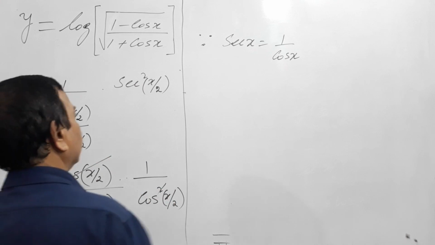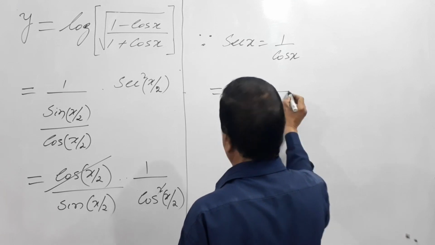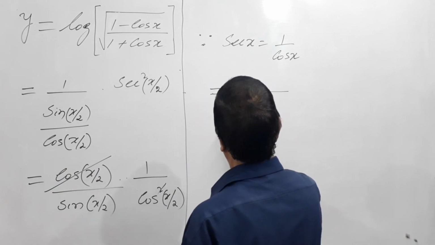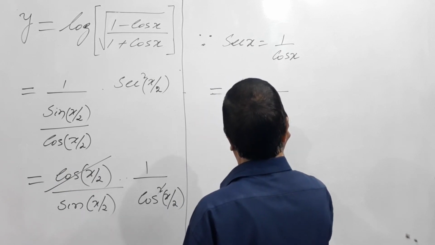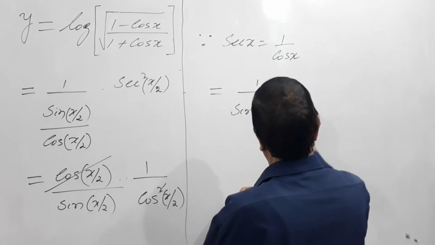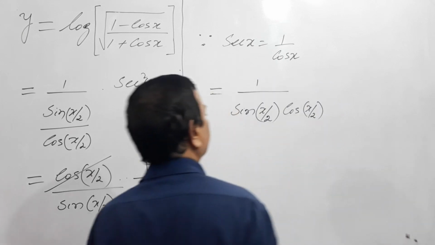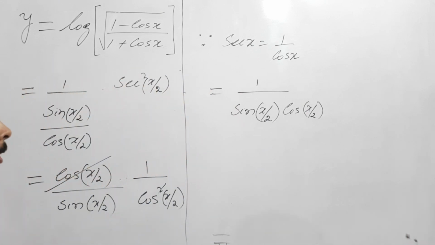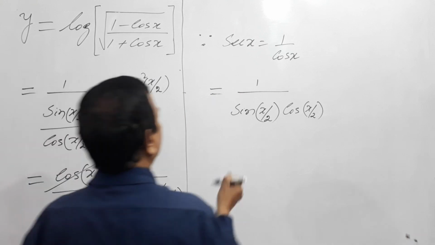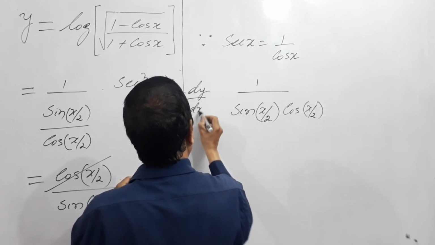So what do we have? 1 by sin x by 2 into cos x by 2, that is our dy by dx. Did you follow? This is our dy by dx.